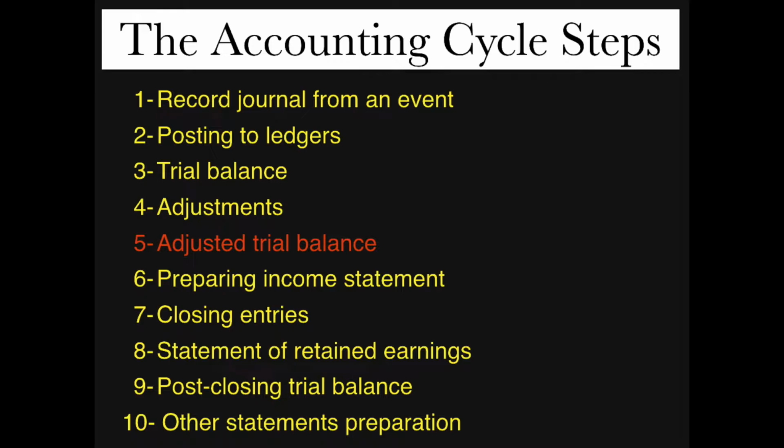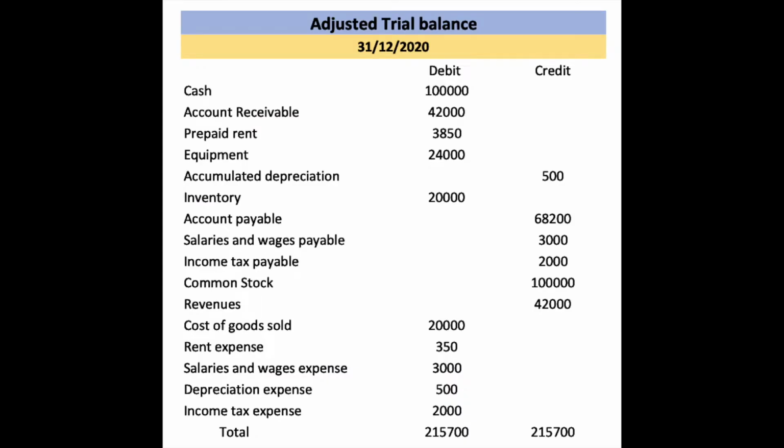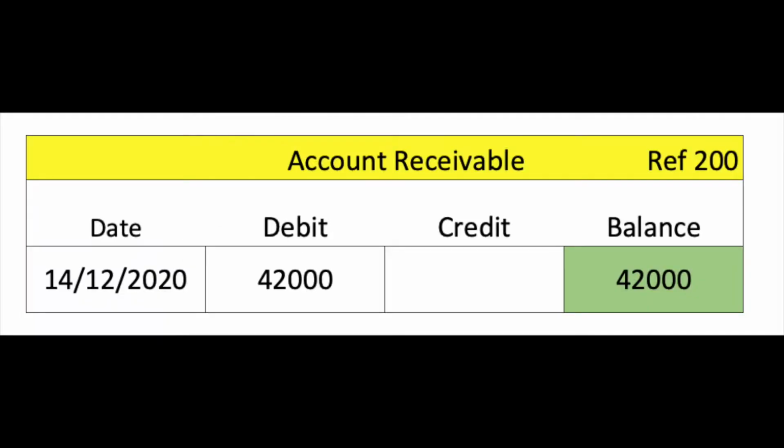5. Adjusted trial balance. Accountants create adjusted trial balance from ledger's accounts. $42,000 of account receivable in account number 200 is transferred to the trial balance.